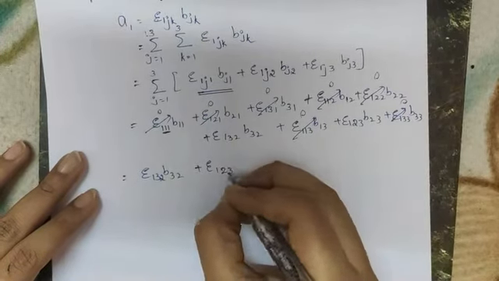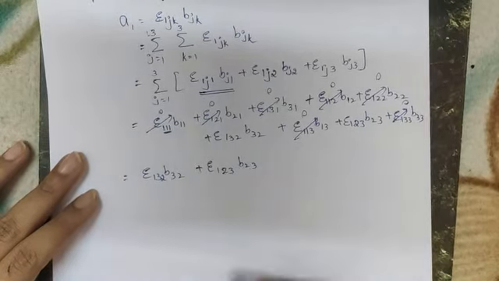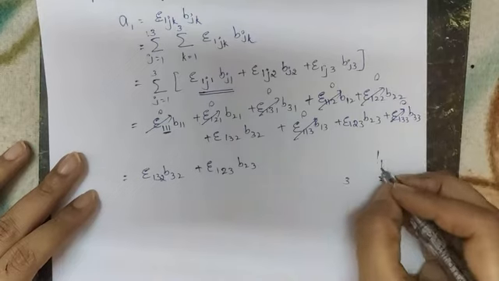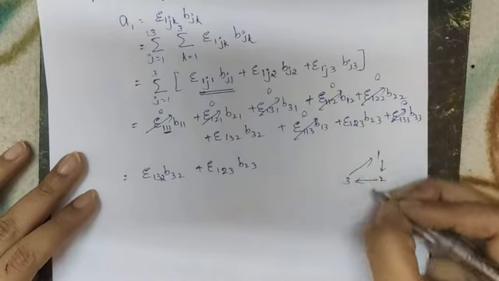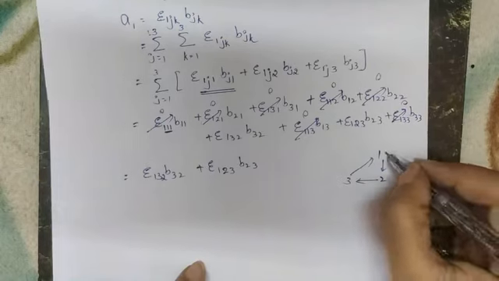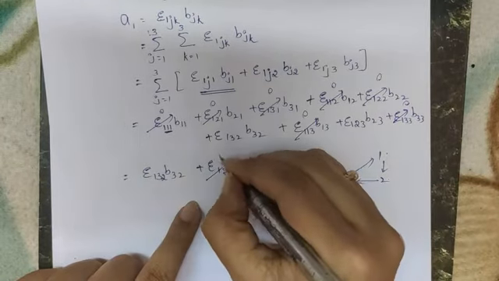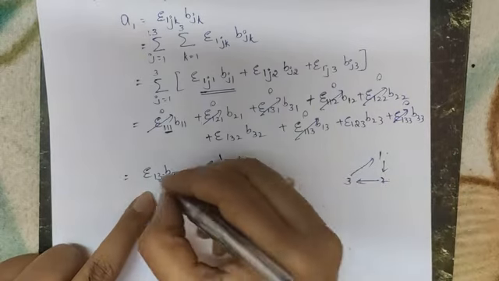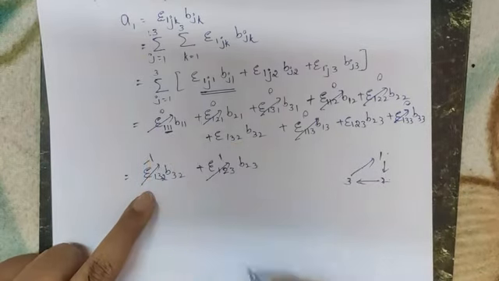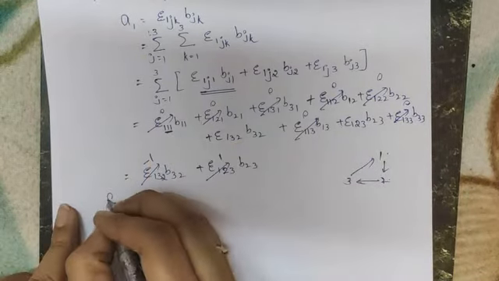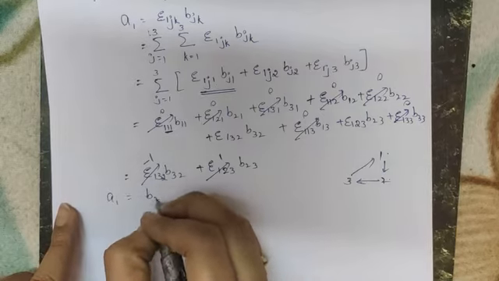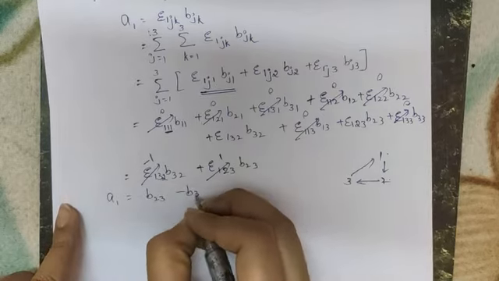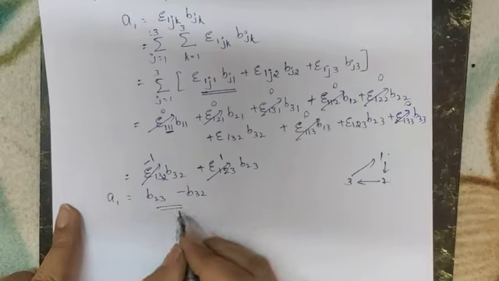So now if I consider this as my cyclic order, 1 2 3, and here I have 1 3 2, this is an acyclic manner. So epsilon 132 takes the value minus 1. You will get a1 as b23 minus b32, right?